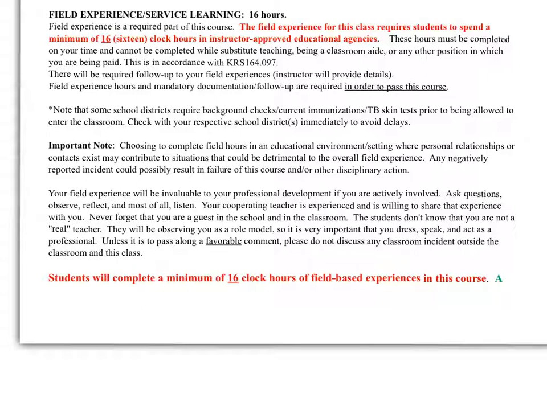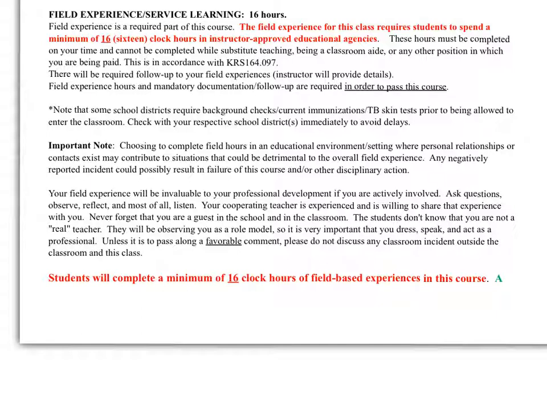So when you call to set up, for example, your elementary observations, you tell them who you are and that you are a part of the education program at Madisonville Community College. They'll know what you're referring to. They've been doing this for years. Tell them what grades you need to observe and how much time you need to be there.